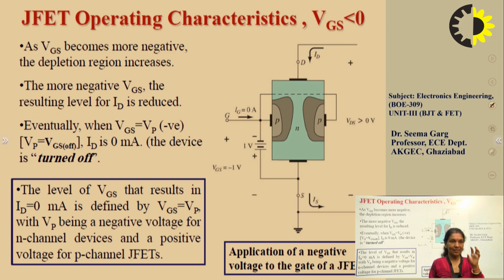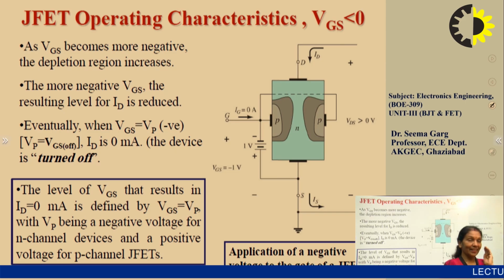So this must be understood by everyone, that when VGS will be negative and when VGS will be positive. You need not mug this up. You just need to have a clear understanding that in both cases, we keep the gate to source terminal reverse biased. In case of N channel, the gate is P type, which means to make this gate reverse biased, this VGS should be negative.